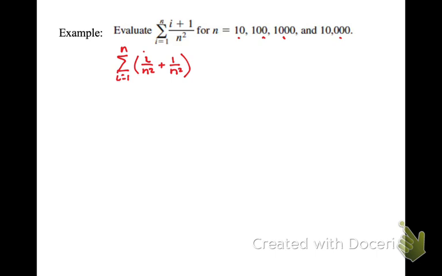Could I do that? Sure. Yes. Okay. Could I also make it the sum from i equals 1 to n of 1 over n squared times i plus 1? Could I do that? Yeah.